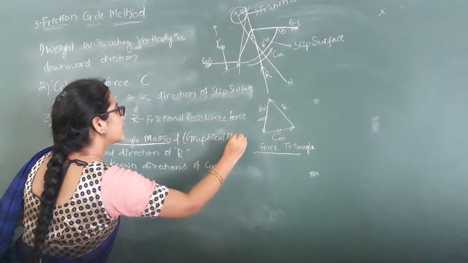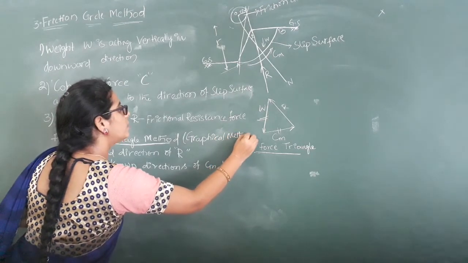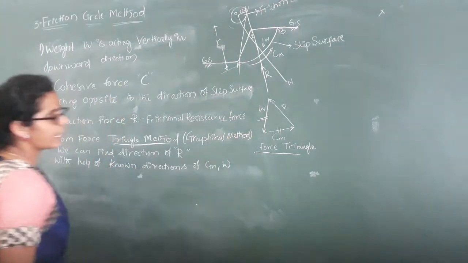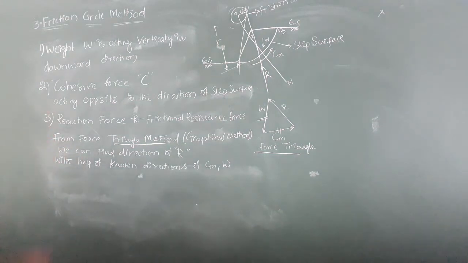We are able to find the direction and magnitude of unknown forces from the force triangle method. After finding the magnitudes and directions of the forces, we substitute them in the factor of safety. So what are the basic definitions of factor of safety?